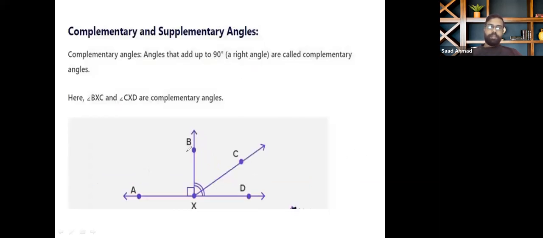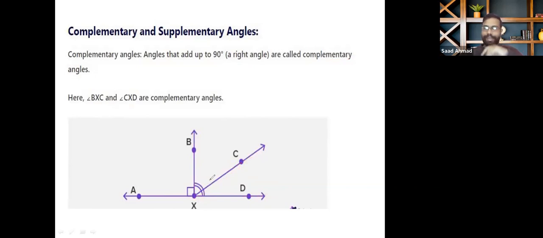Then there are complementary and supplementary angles. If angles add up to 90 degrees, they are called complementary angles. Here, angles BXC and CXD are complementary because they sum up to 90 degrees.